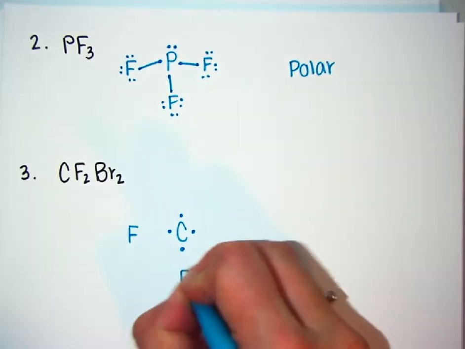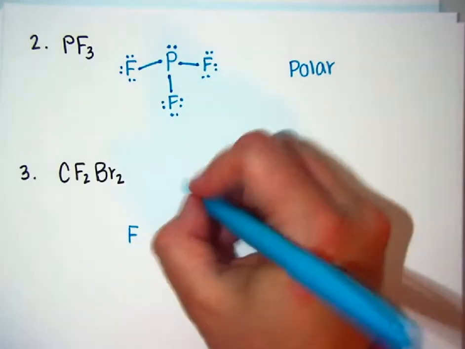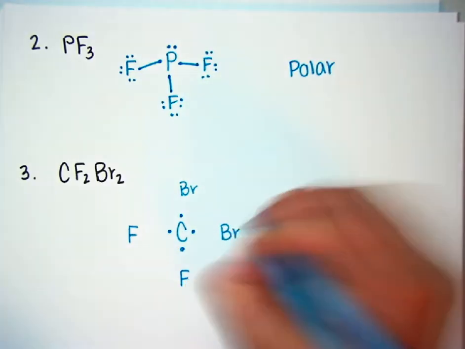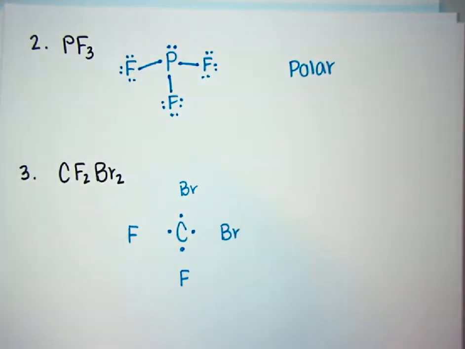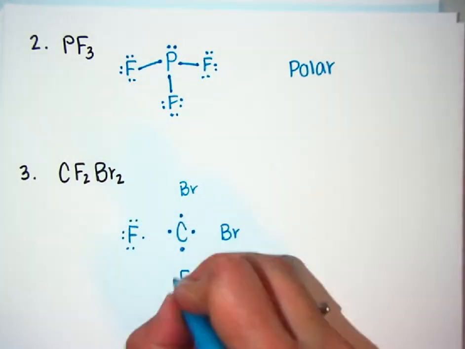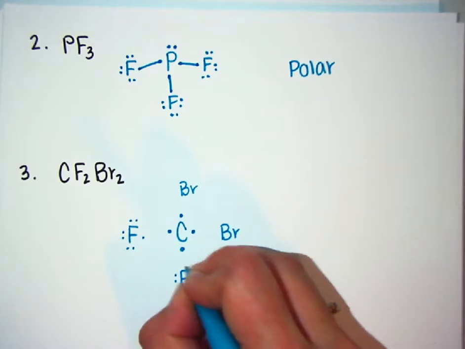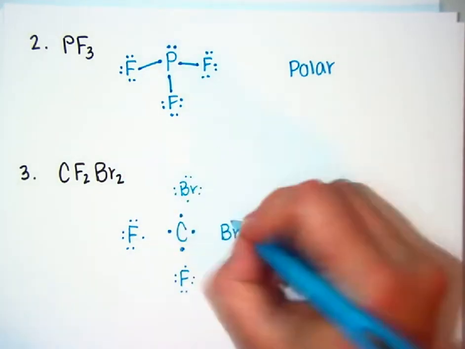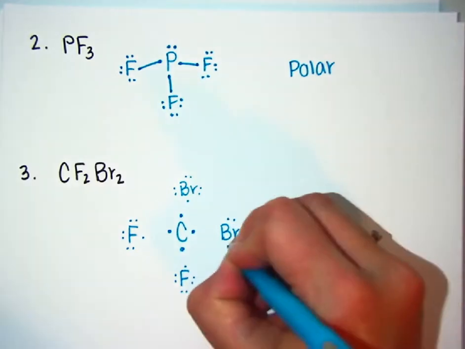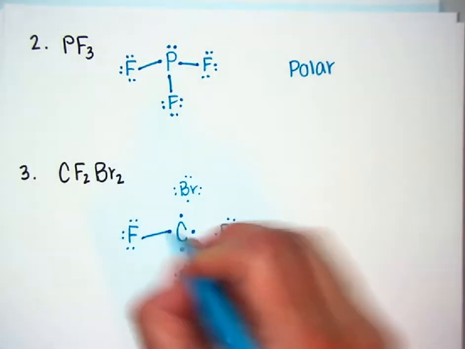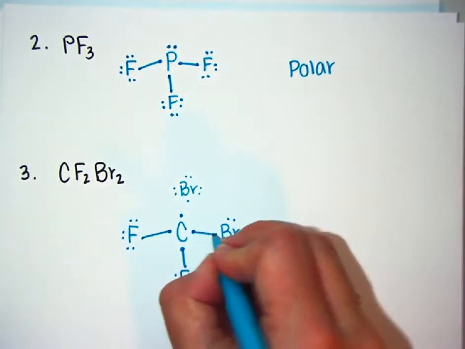I have 2 fluorines and 2 bromines. Fluorine is in group 7, so 7 valence electrons. Bromine is also in group 7, so 7 valence electrons. Unpaired electrons can be shared, and we can form some bonds.